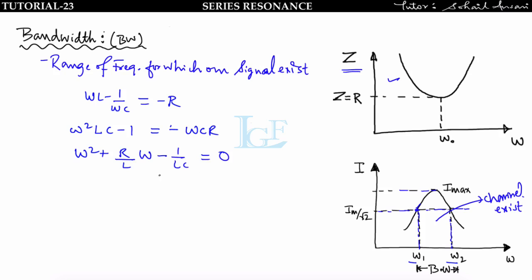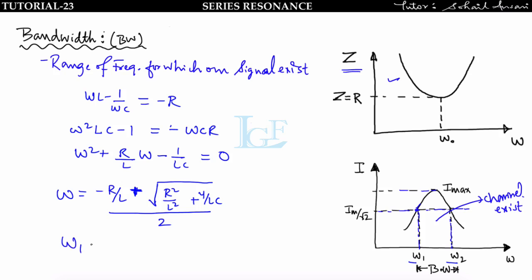This is a quadratic equation. So we will get omega is equal to minus R upon L, plus or minus the square root of (R upon L) square plus 4 upon LC, all divided by 2. Since the frequency is always positive, I will not take the minus sign, I will take only the plus sign.